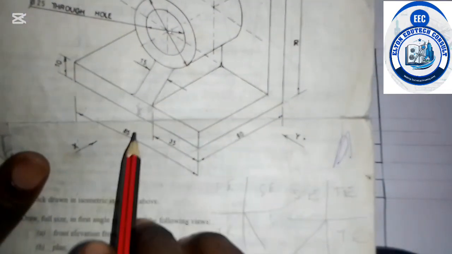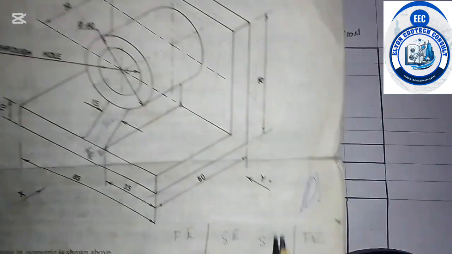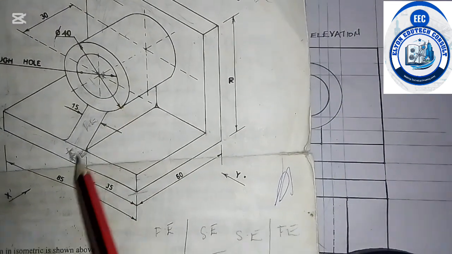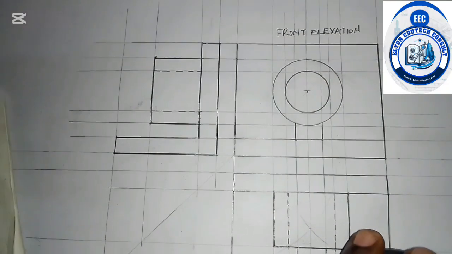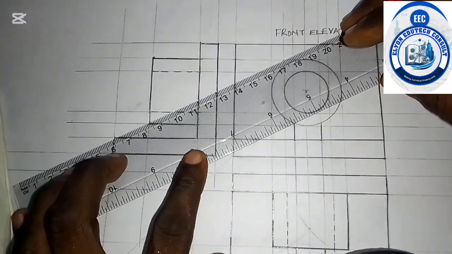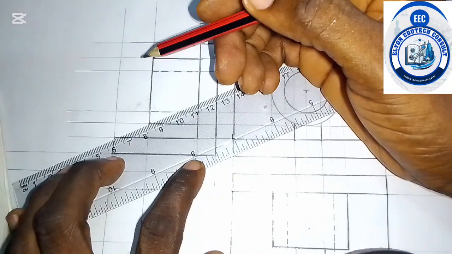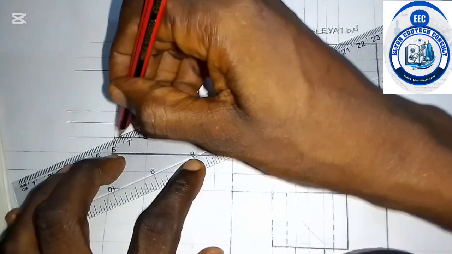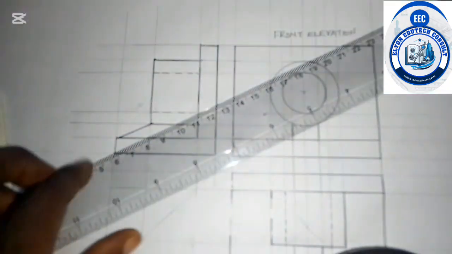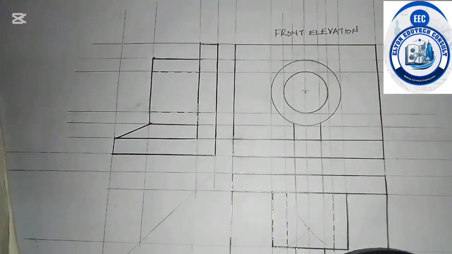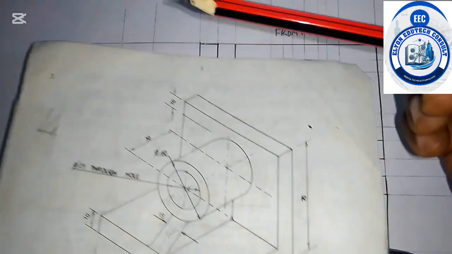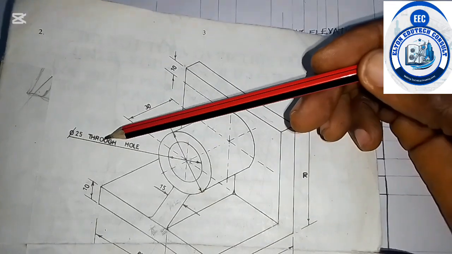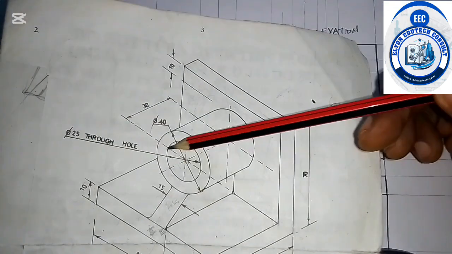Okay, so then this part now, when you view like this, you are going to see this part come out like this, which is going to be linking with this. So sorry for that. So I'm going to link this up like this way. And we are told, don't forget, very important, we are told that this 25 diameter hole is a true hole.